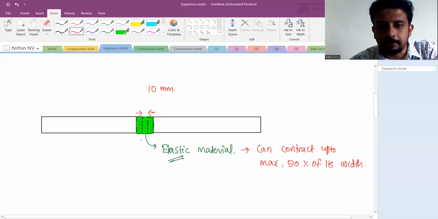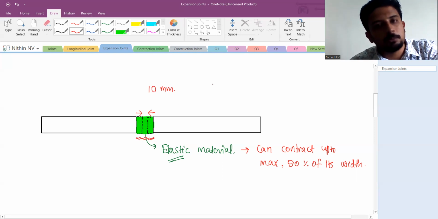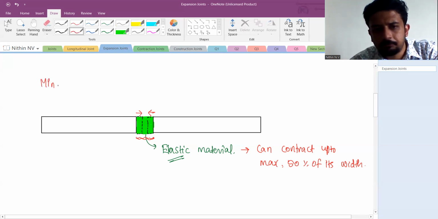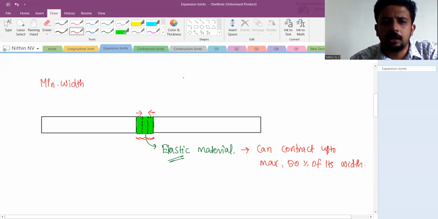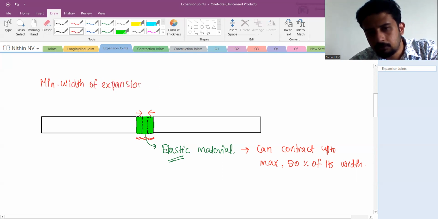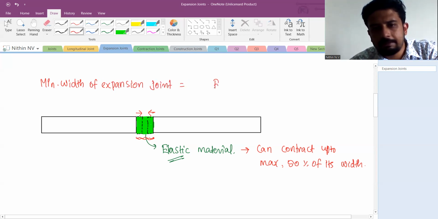Right or not? Which means, what should be the minimum gap here? Whatever be the required 10 mm, I have just taken as an example. What should be the minimum width of the expansion joint? Generally we use the word width.